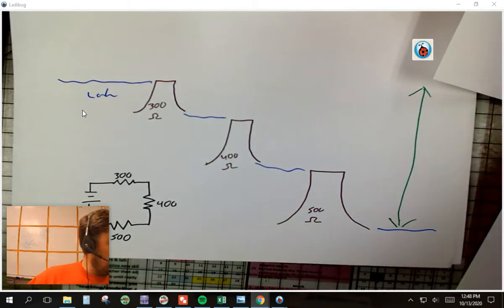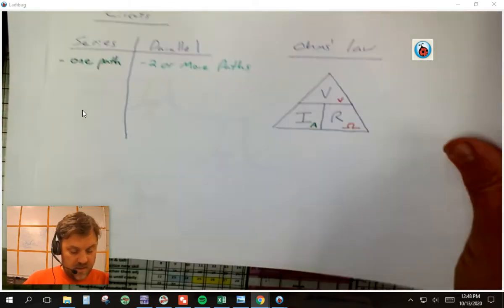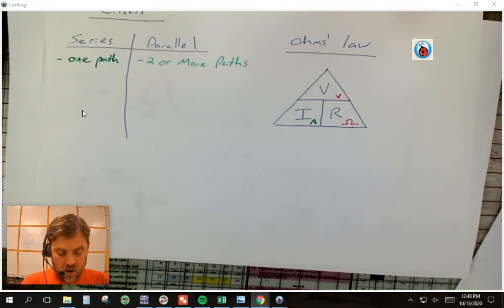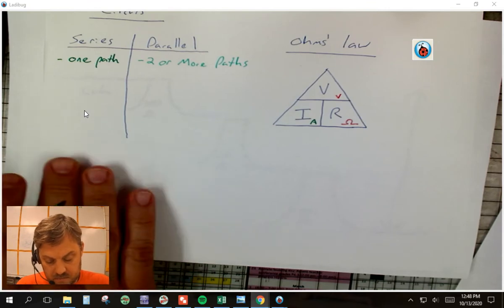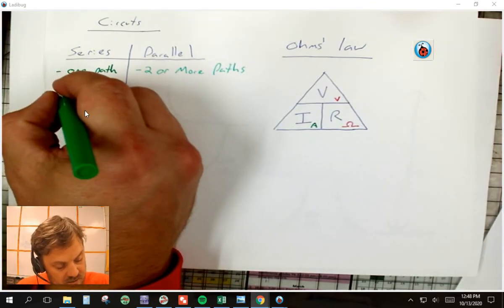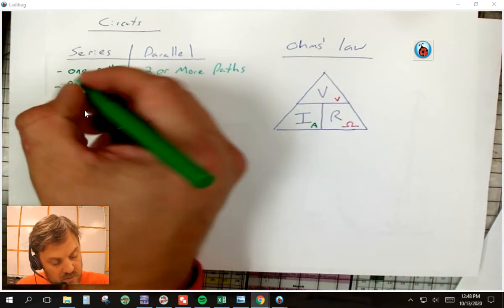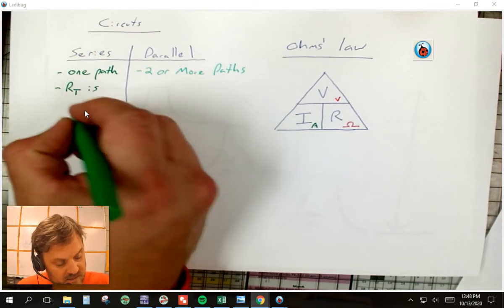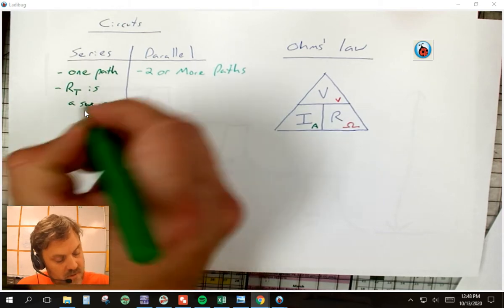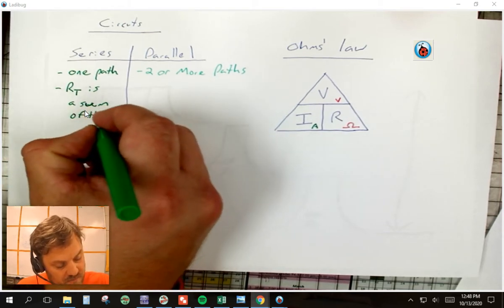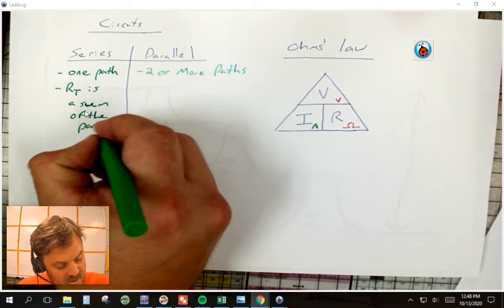So going back to our chart over here, one of the things that we can know about our resistance in a series is our resistance total is a sum, S-U-M, of the parts. Okay.